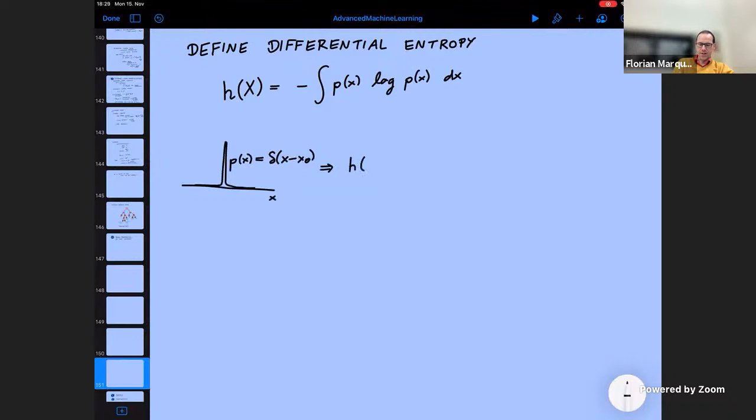The h, the differential entropy in this case, is minus infinity. So not only does it no longer be non-negative, but it even can get minus infinity. So the old case where we had 0 for a perfectly deterministic variable in the discrete case now turns into a case where we get minus infinity.